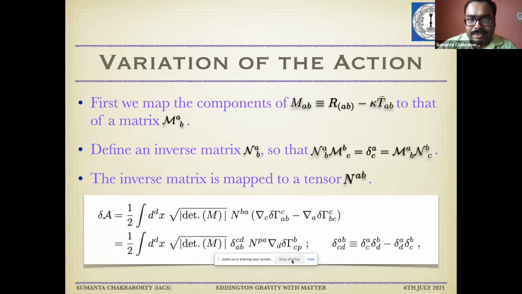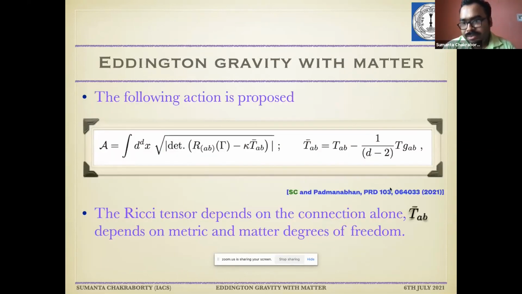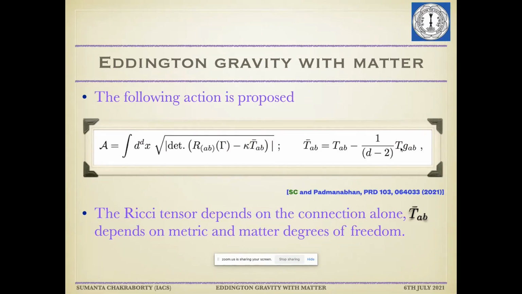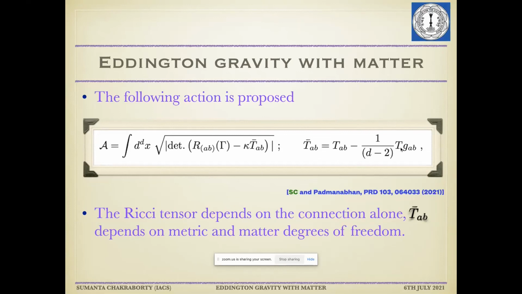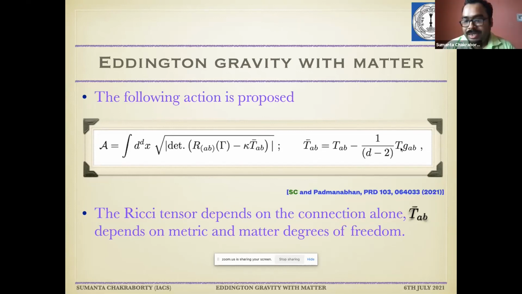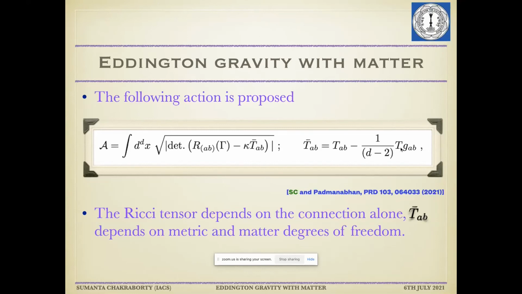Yeah, but I did not include the trace here, it will be TAB only, since the trace is 0. It's not a problem at all? No, it's not a problem. This is very important for the field equation, so it doesn't matter. Okay, very good.